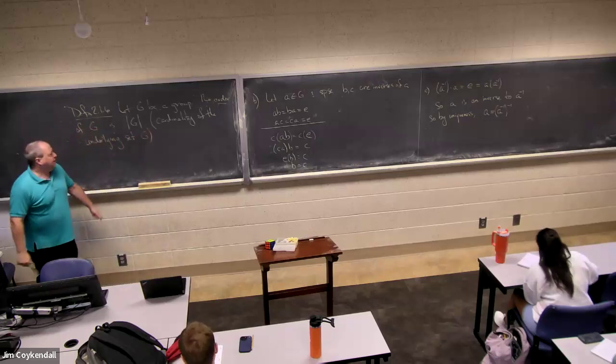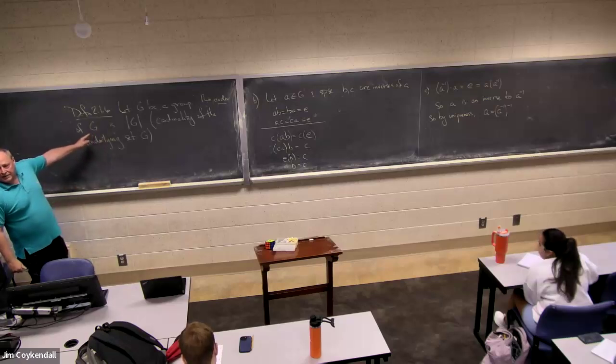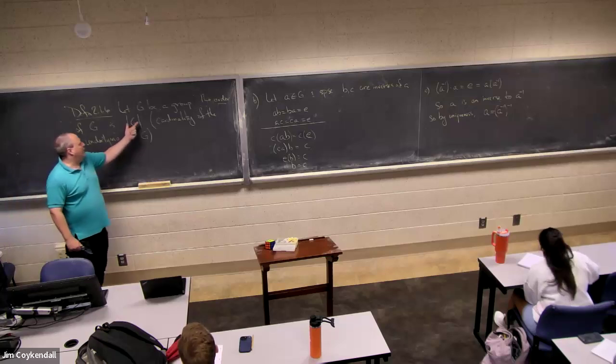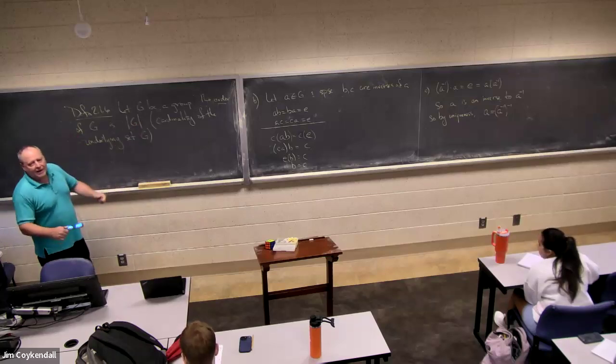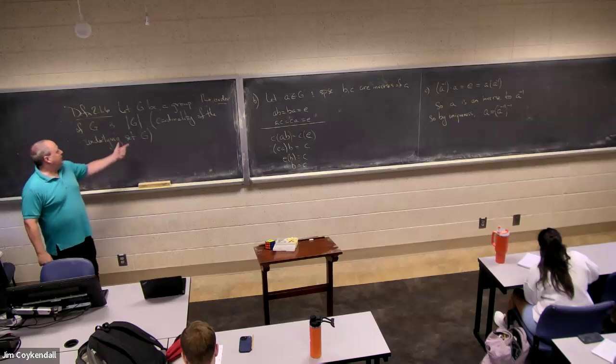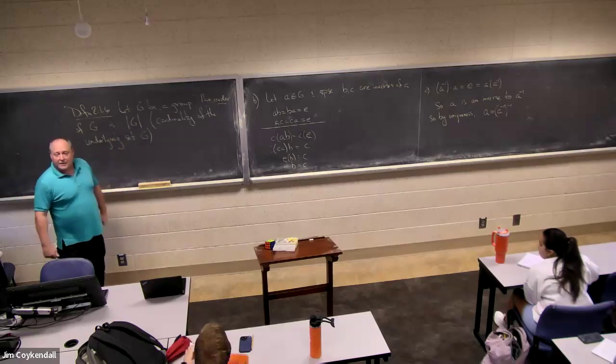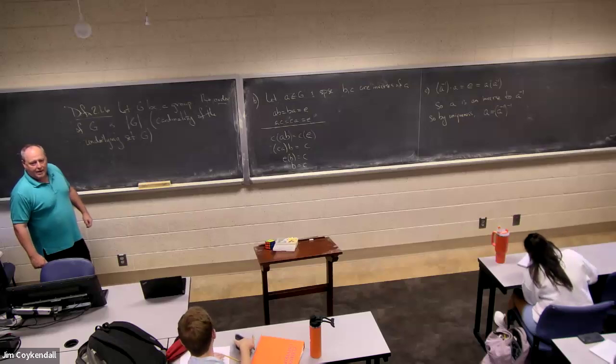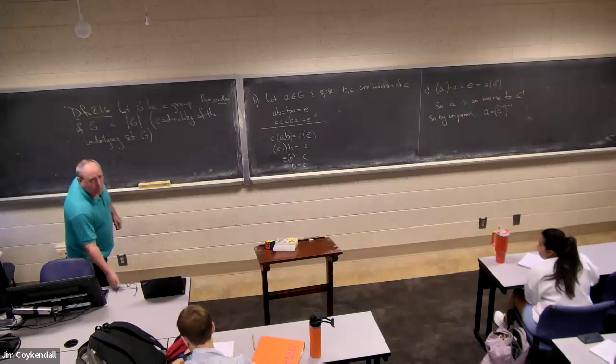Remember, G is a non-empty set before we consider the binary operation on it. When I talk about the order of the group, that's just how many elements there are. This can be infinite or finite. When you use the vertical line with the set, you're using that to denote cardinality. That is correct.